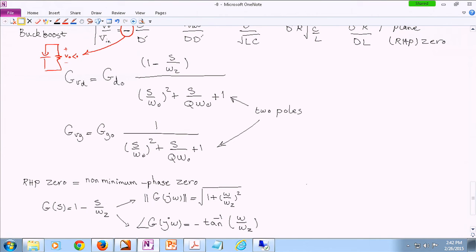Move to the right. So it's something like this. The magnitude of G.